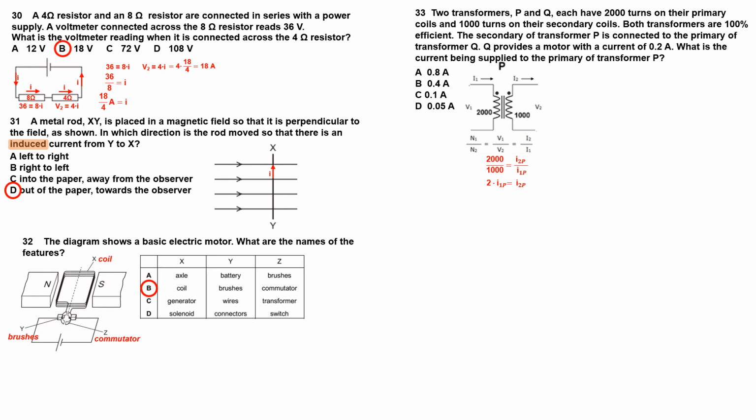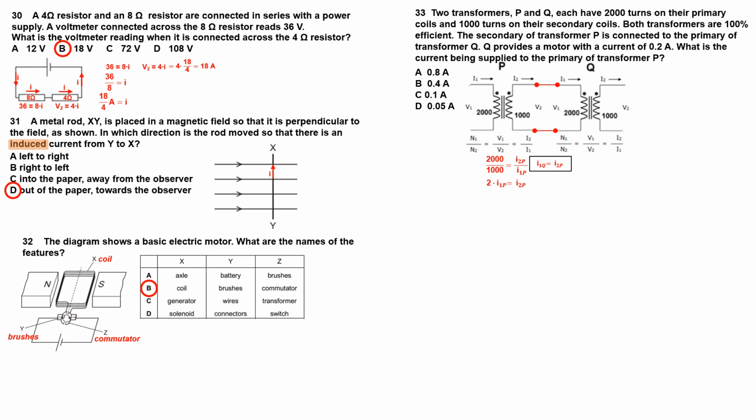Now the secondary of transformer P is connected to the primary of transformer Q. The secondary current in transformer P becomes the primary current in transformer Q, which has a secondary current of 0.2 amp.